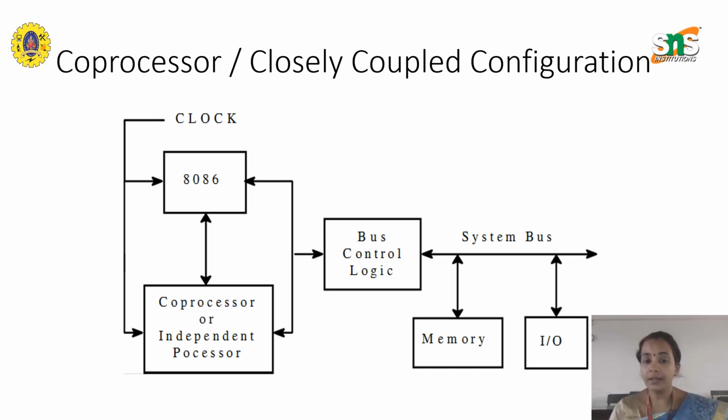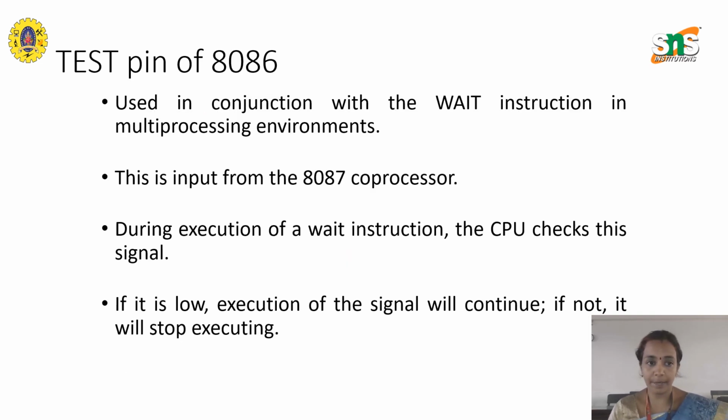The data will then be given to the bus control logic. From the bus control logic, it will be given to the system bus, and through the system bus, it will be given to the memory, stored in the memory, and also to the I/O device.